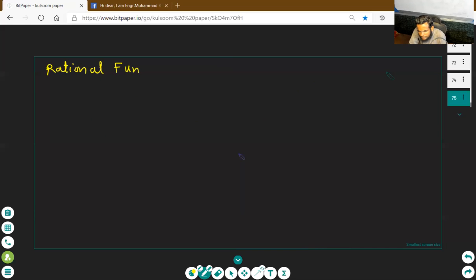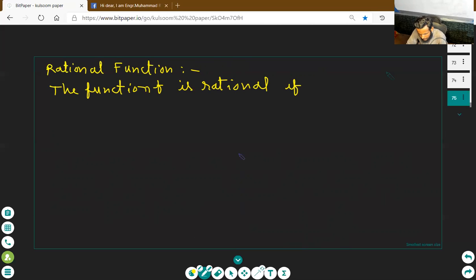The function f is rational if and only if, and this is the form of rational fraction.